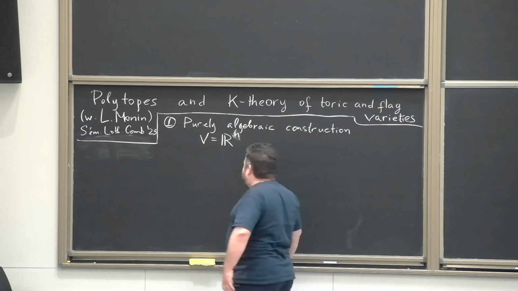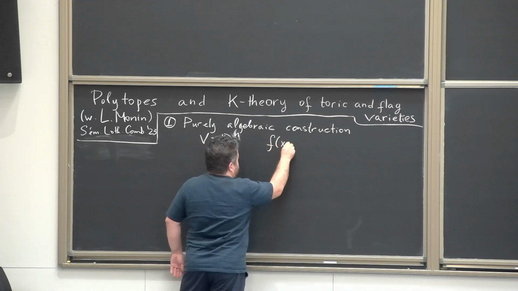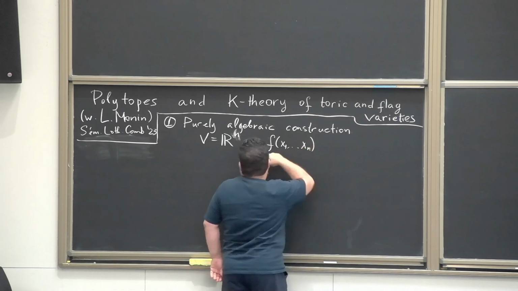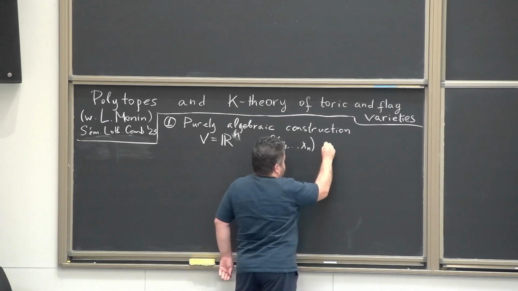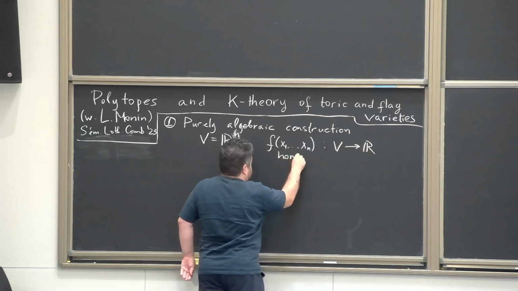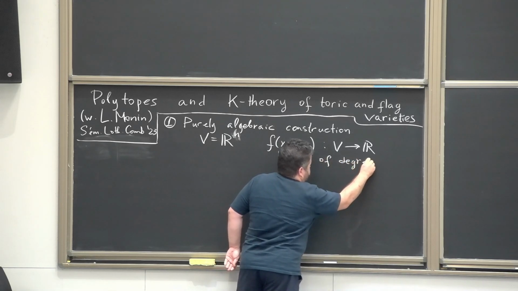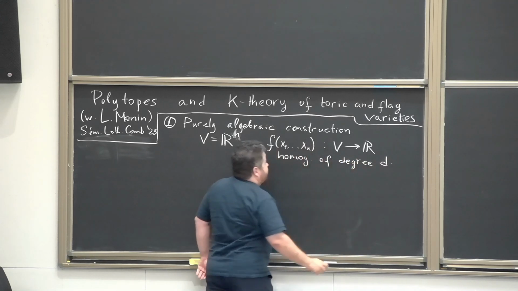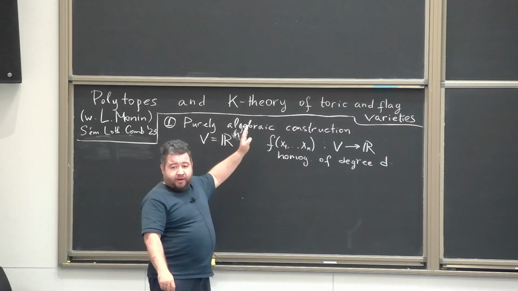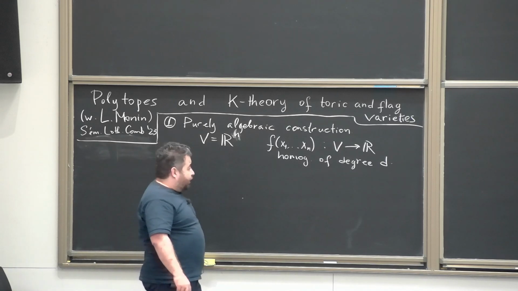Okay, so consider a homogeneous polynomial f of x1 through xn, homogeneous of degree d, on V into R.